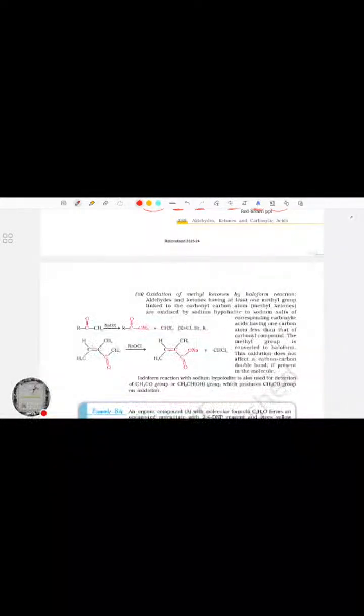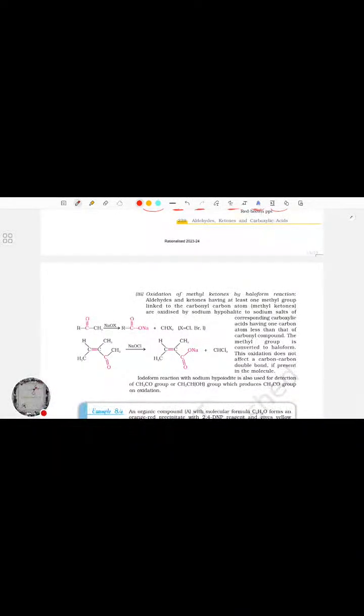Aldehydes and ketones having at least one methyl group linked to the carbonyl carbon atom are oxidized by sodium hypohalite. Hypohalite is NaOX, I think. They are oxidized to sodium salts of corresponding carboxylic acids having one carbon atom less than the carbonyl compound.